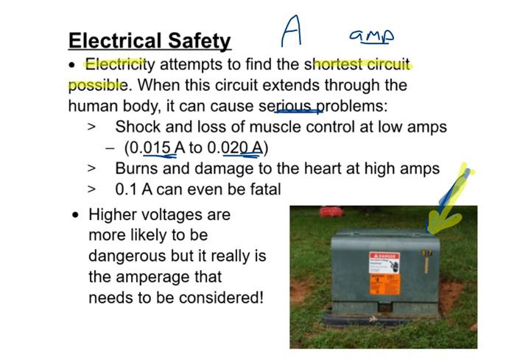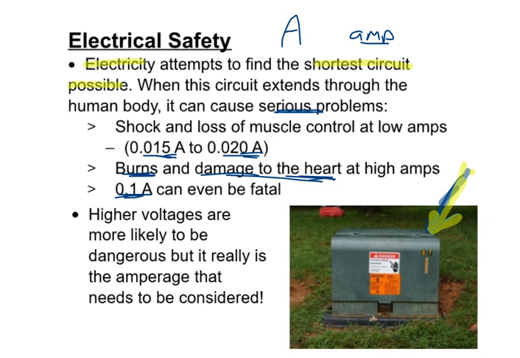However, here's the important part. You can actually cause damage to your heart and electrical burns if you have even as much as 1/10 of an amp. Just 1/10 of an amp. Because what ends up happening is so many electrons go running through your body, it can actually cause your heart to burn. And all of a sudden, it will stop working. So you have to be very, very careful about using too much electricity.